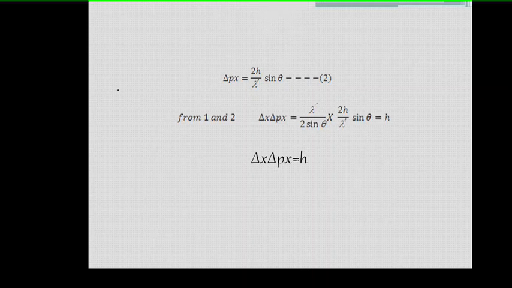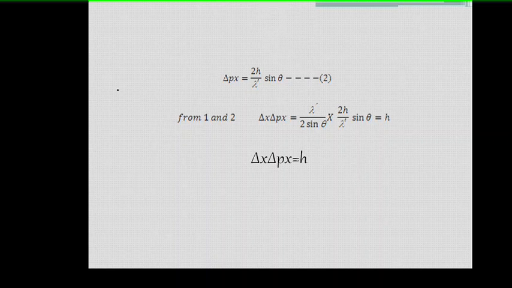So, by multiplying these equations, we have del x into del px is nothing but h or h cross. How did we get this? Because del px is 2h by lambda dash sine theta, and from the two equations, by substituting the values of del x and del px, we have lambda by 2 sine theta into 2h by lambda dash sine theta.